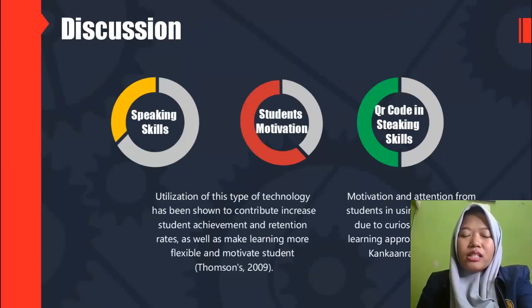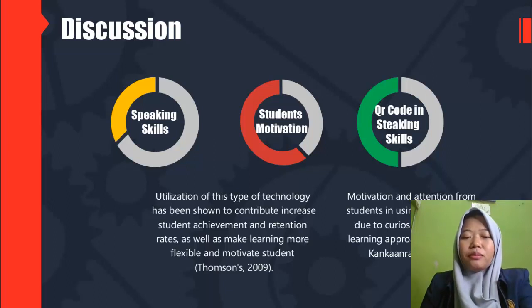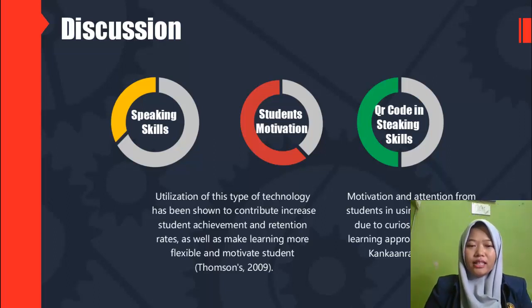Discussion, speaking skill and student motivation. According to Thompson in 2009, utilization of technology has been shown to contribute to increasing student achievement and retention rate, as well as making learning more flexible and motivating students. Then, QR code in speaking skill.